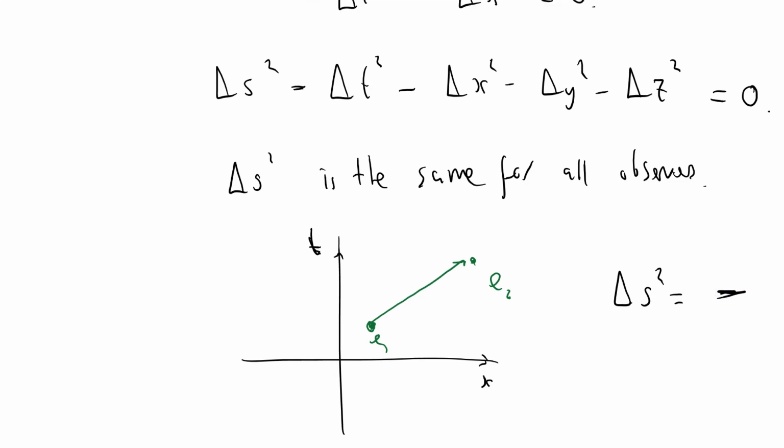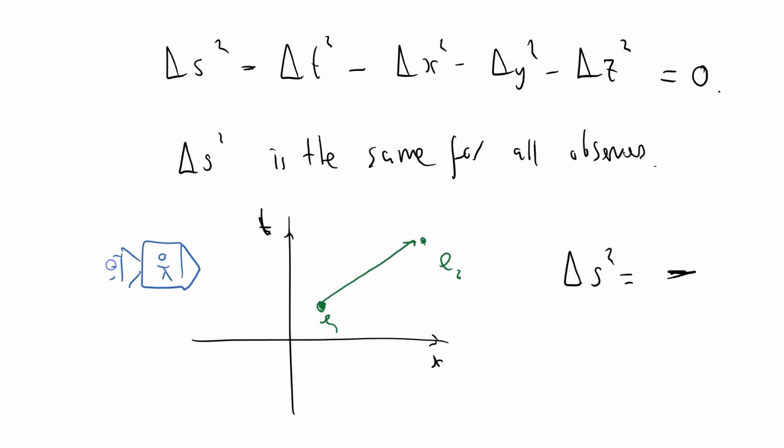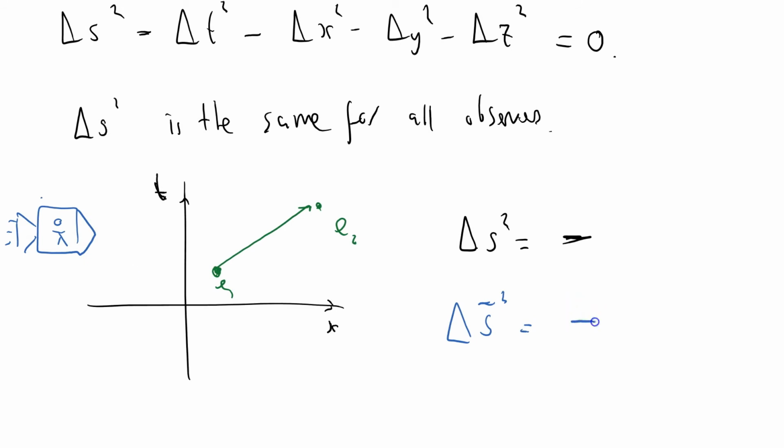And then I can ask, well, hang on a minute, what does my mate say who's in his spaceship, cruising along? He says that delta s bar squared, the bar meaning the blue coordinates, equals some other thing, because he will have a different description for E1 and E2. It's not the same thing, it's just going to be the same quantity.